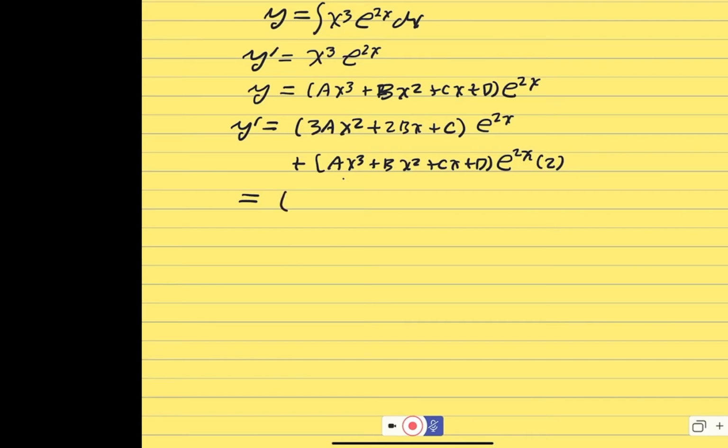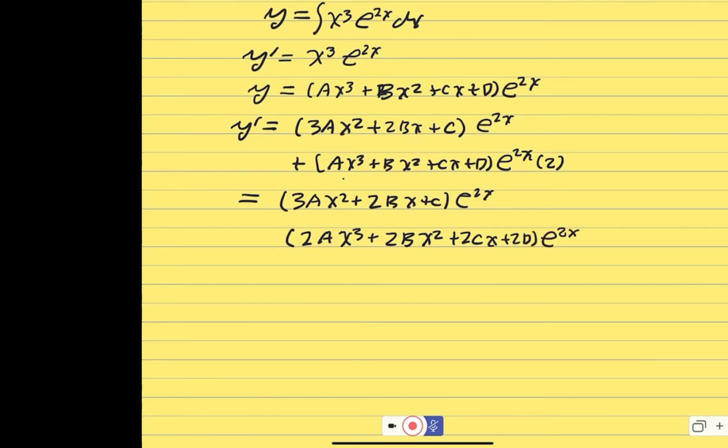That is now 3a x squared plus 2bx plus c, e to the 2x, and I'm now going to distribute that 2 in: 2a x cubed plus 2b x squared plus 2cx plus 2d, e to the 2x.